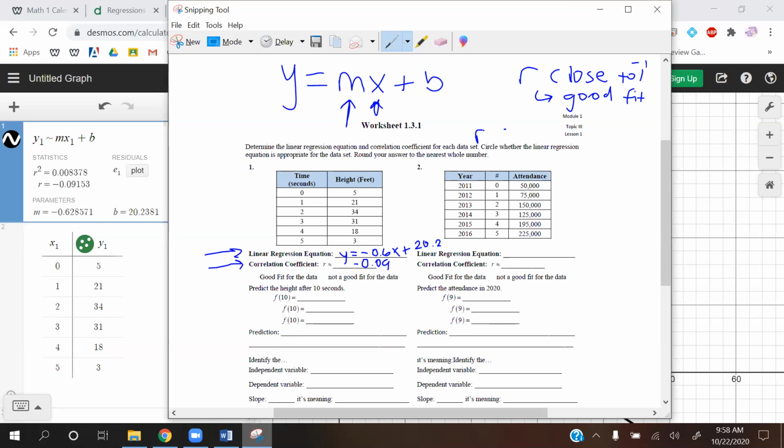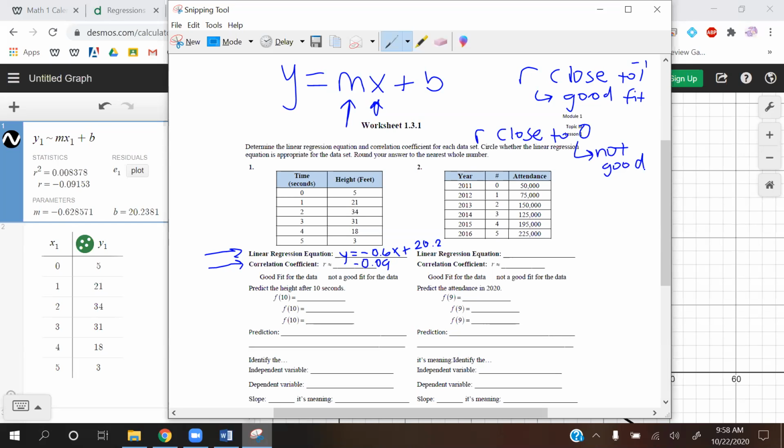If your R is close to 0, then it's not a good fit. Okay?